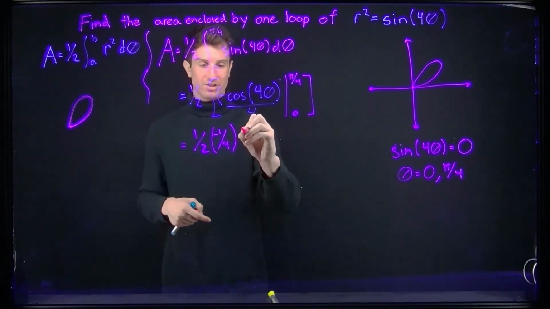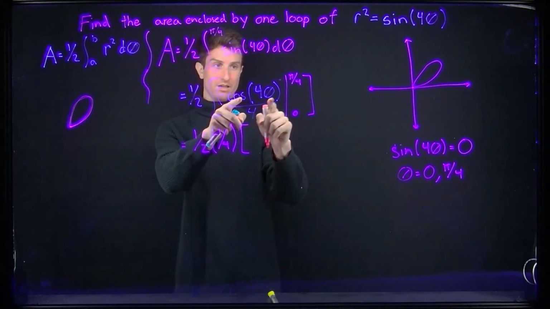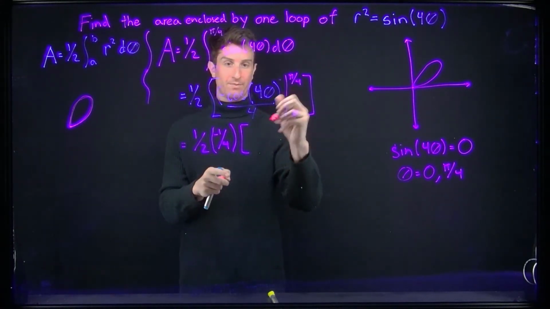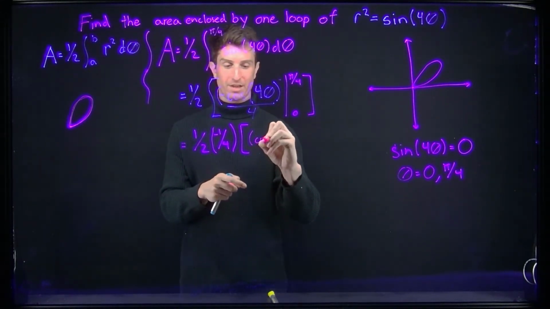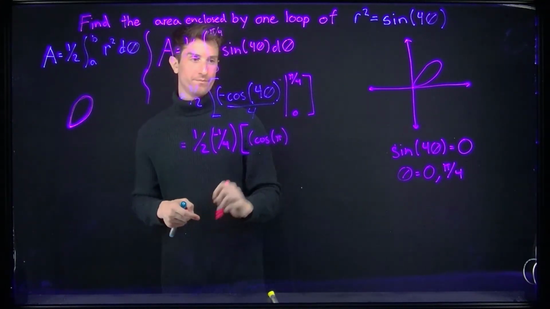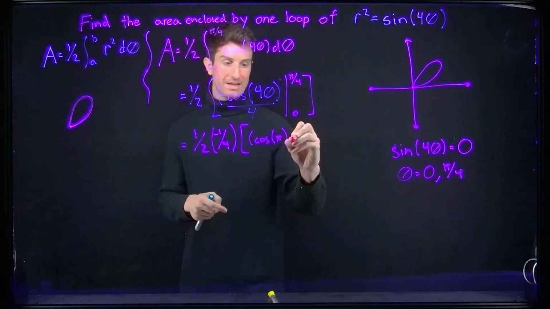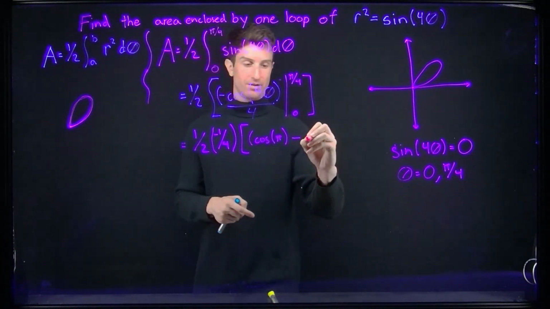And now I can actually just evaluate the cosine of 4 theta. Right, so cosine of 4 times pi over 4, so we end up with cosine of pi. That's what happens if I plug in the pi over 4, 4 times pi over 4, pi, minus cosine of 0.